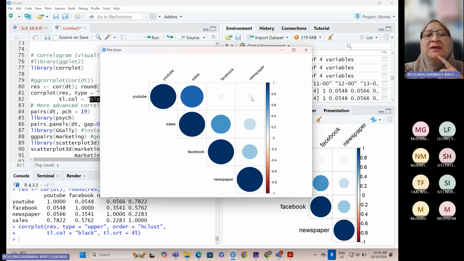And newspaper is out. But sales with Facebook is very good, but not as good as YouTube. YouTube is better, because it is darker. Okay, so we can choose from that.